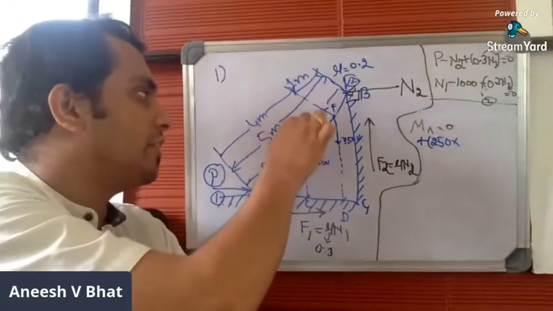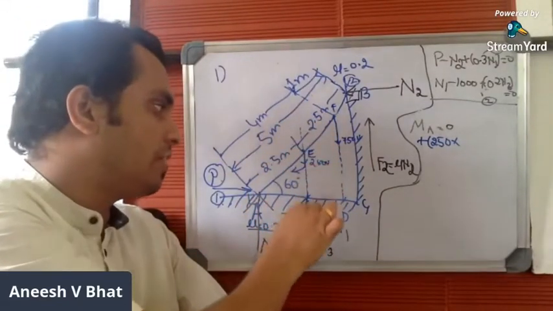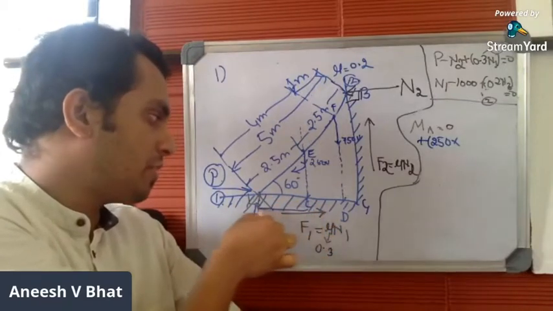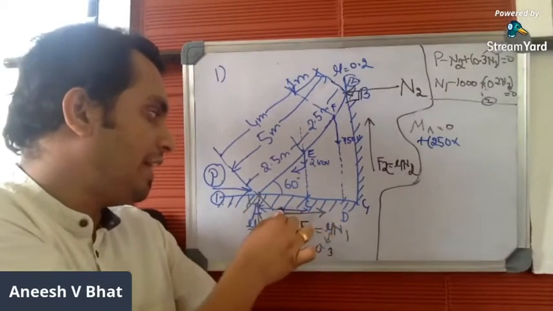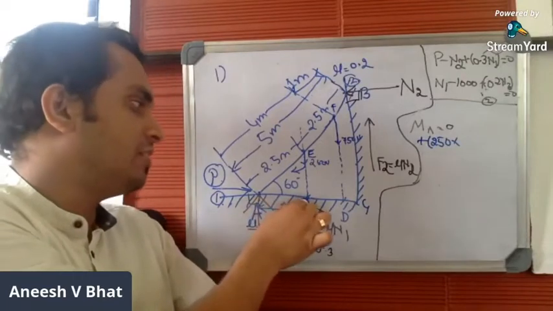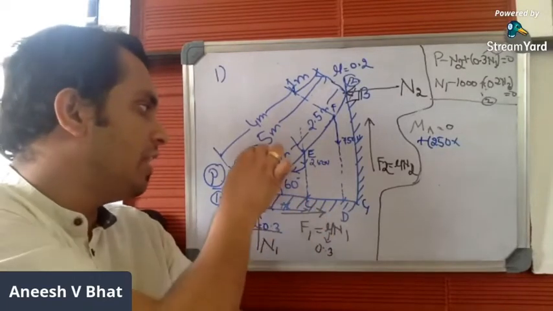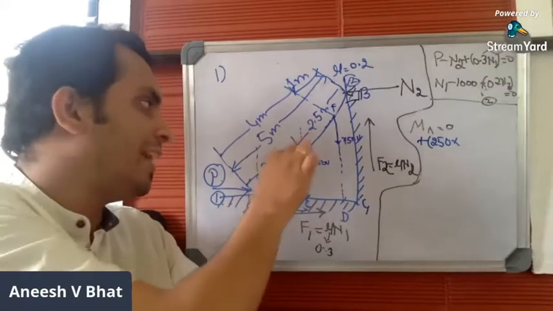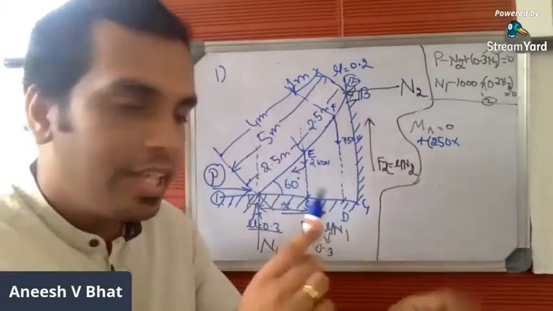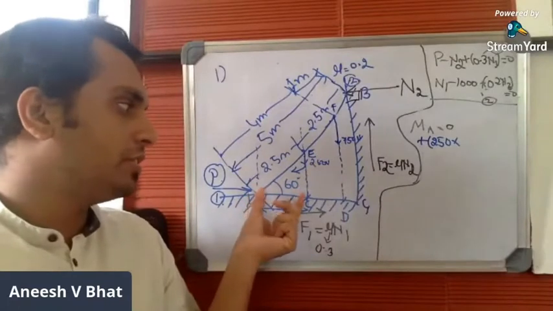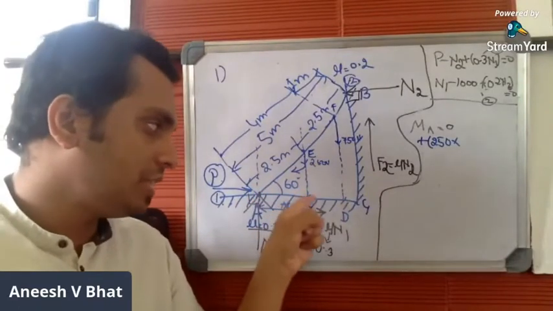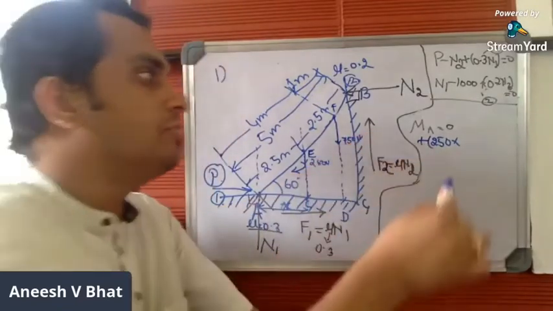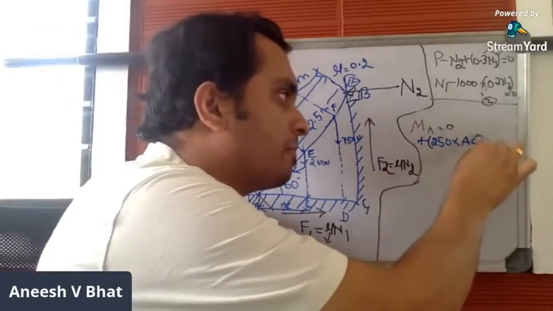This is the line of action, and this is point A. We need the perpendicular distance from the line of action to point A, which is AC in this case, not AE. It is AC. That's why we mark all of these points, C, D, G, etc., in order to find the perpendicular distance. So it is 250 into AC.